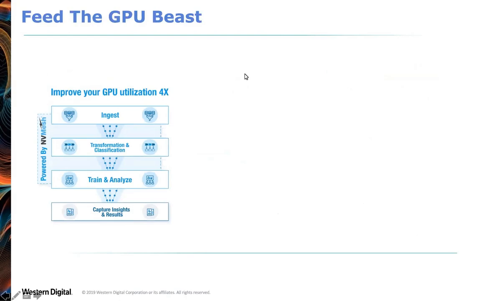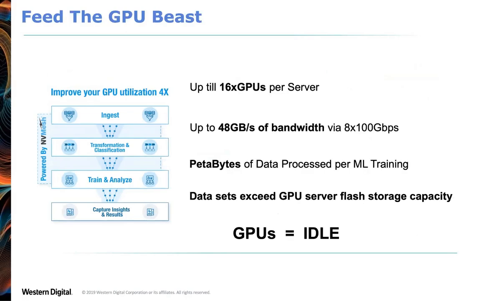NVIDIA has done a tremendous job in accelerating workloads, specifically training and inferencing. If you look at the models that exist today, you're seeing servers that can host up to 16 GPUs.